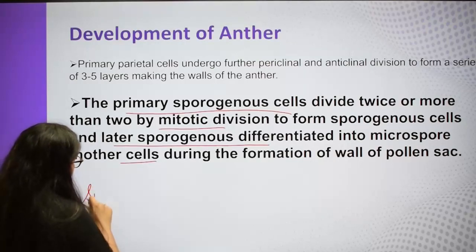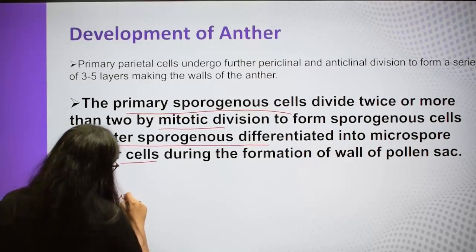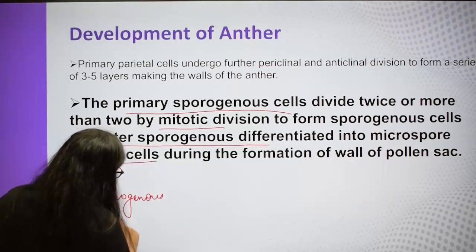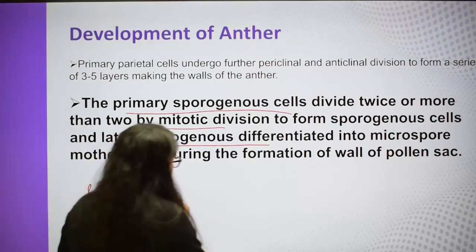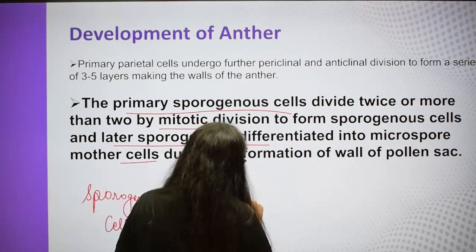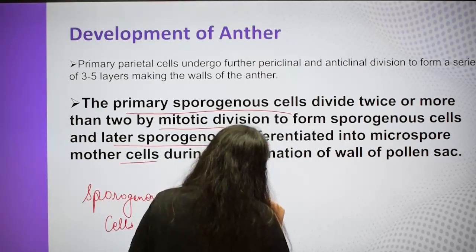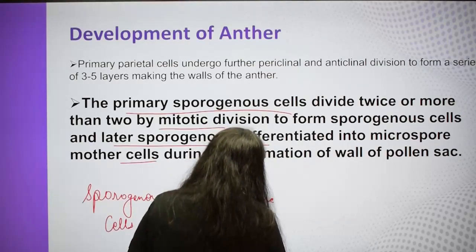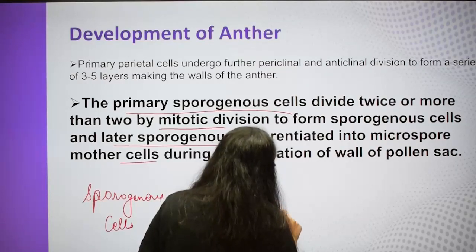It is very simple. The sporogenous cell was towards the center, right? What you have to remember, these sporogenous cells are going to differentiate into microspore mother cells, or we can say that they are going to act as microspore mother cells.